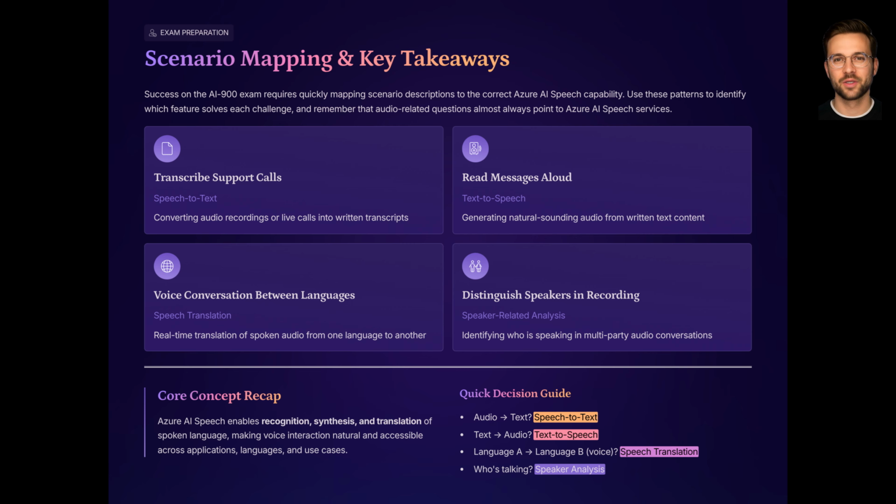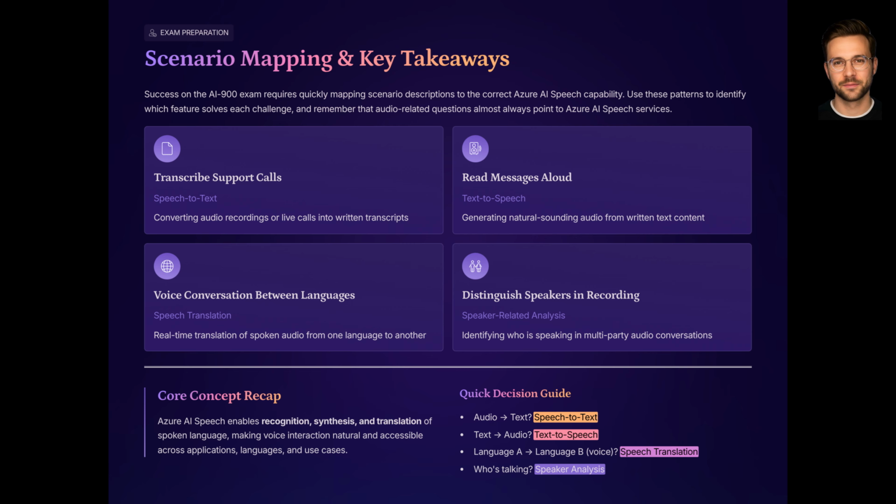This is text-to-speech. Scenario 3. A travel app should allow a tourist to speak in their native language and have the app respond in the local language of the country they are visiting. This is a classic speech translation scenario. Scenario 4. A system needs to support voice-based conversations between users speaking different languages, with minimal delay. Again, this points to speech translation, possibly combined with text-to-speech for both sides.